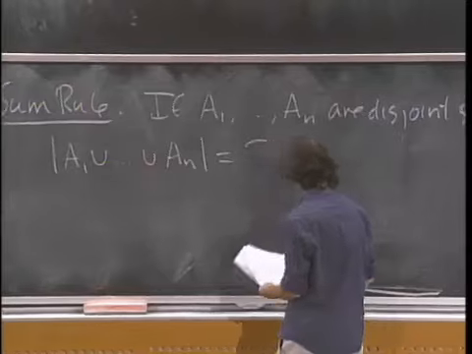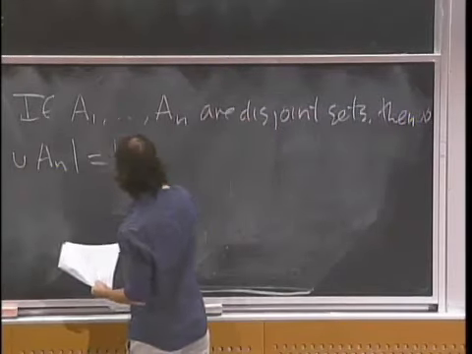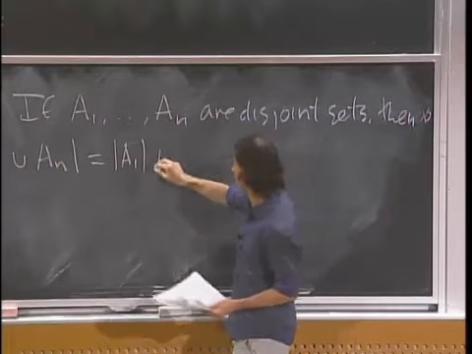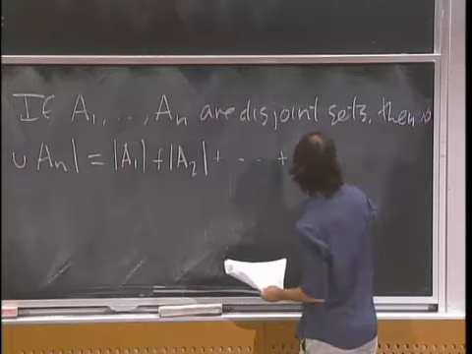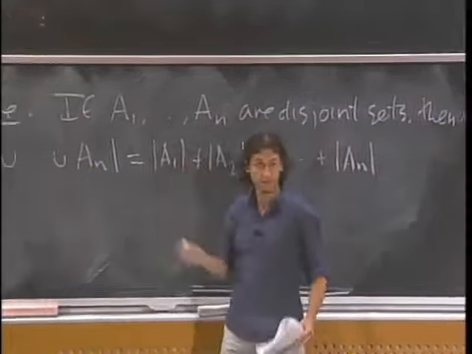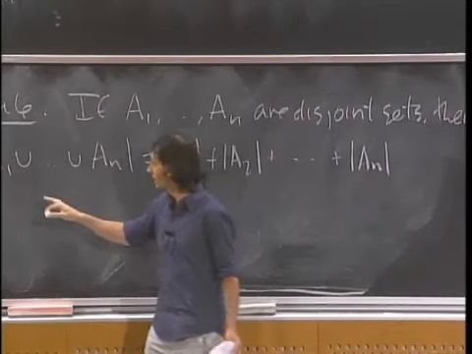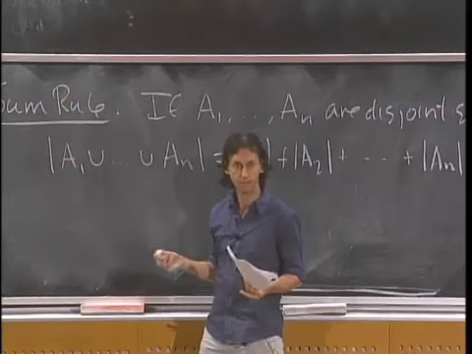So let me just write it out, actually. It's the cardinality of A1 plus A2 all the way to AN. Why is this? Well, all the sets are disjoint, so there are no intersections between sets that contain elements.